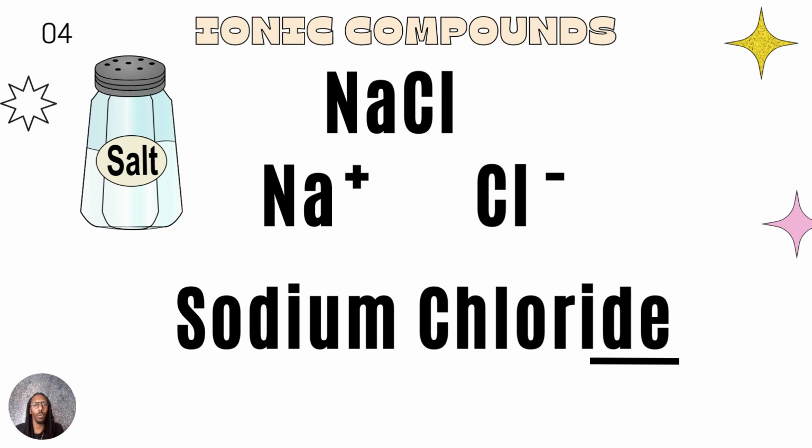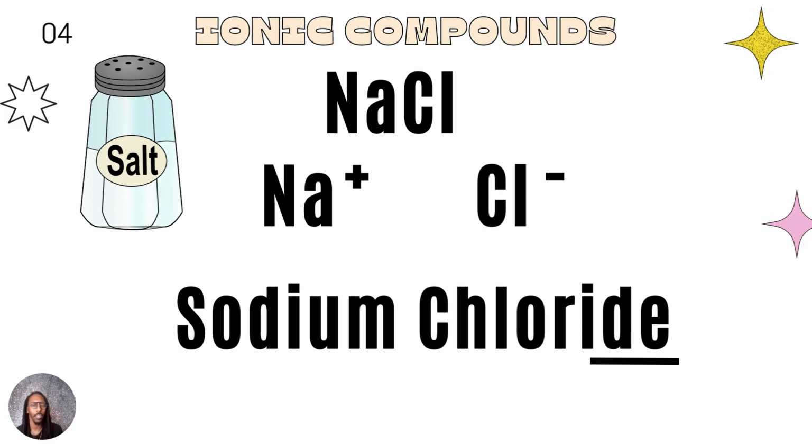So let's talk about how we're ultimately going to name this ionic compound, salt. We put the cation first. Like I just mentioned, cation goes first, and in this case the cation is sodium. So we put sodium first. Now what comes second?